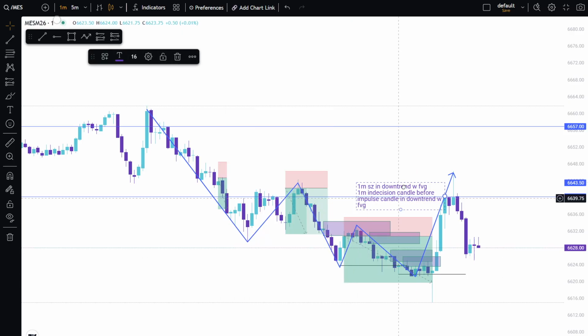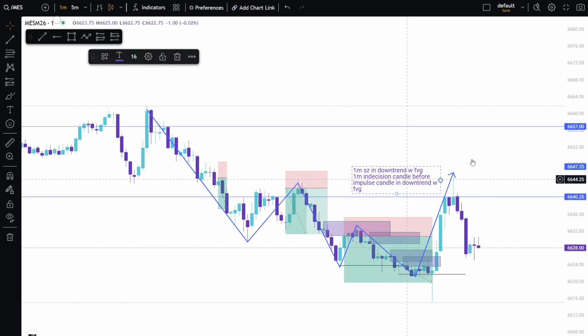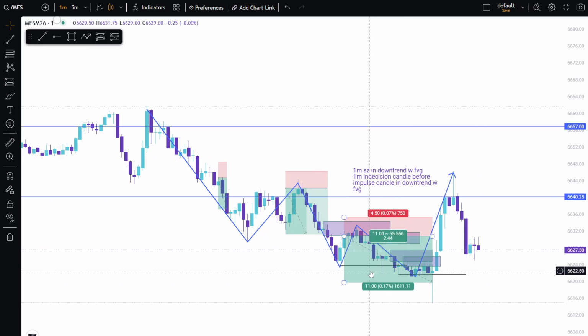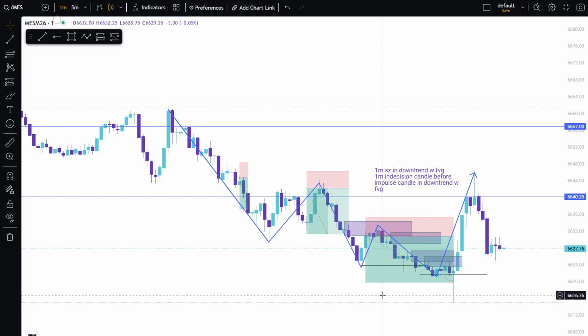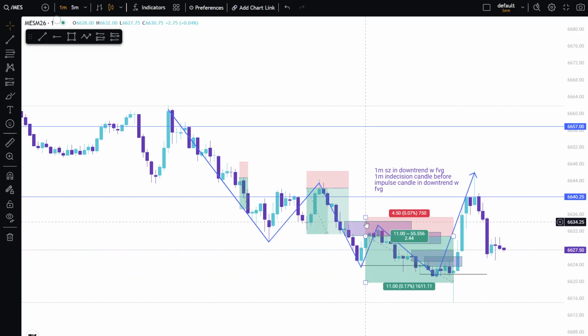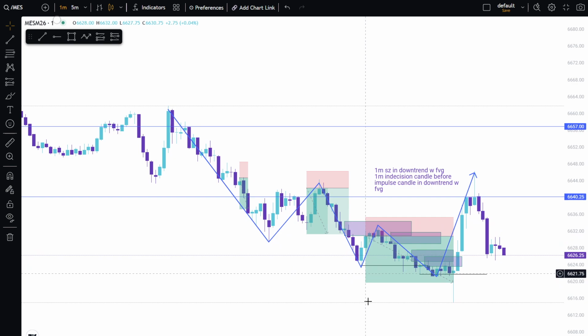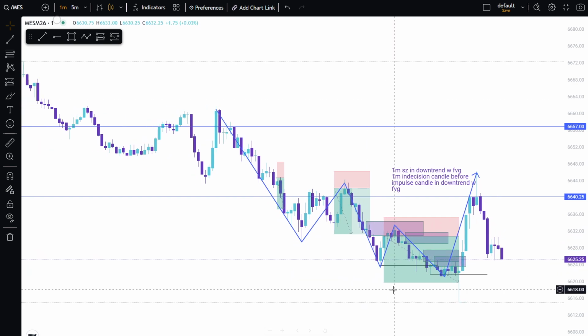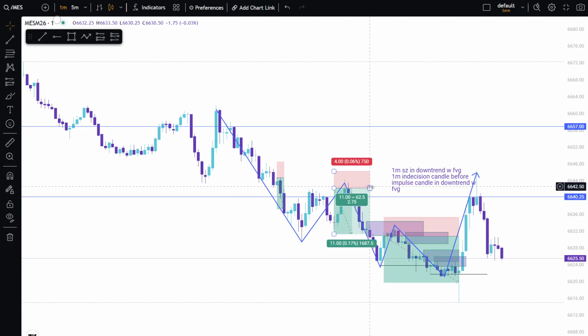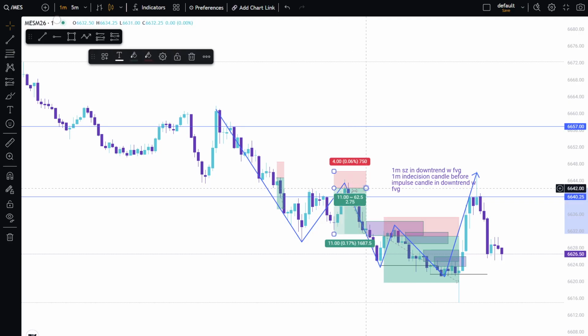Yeah, this strategy is so simple, so easy, like 11 points right there, 2.4 RR. But again, I'm not actually supposed to use that. I wasn't supposed to use 11 points. I just did that for the sake of passing the account.